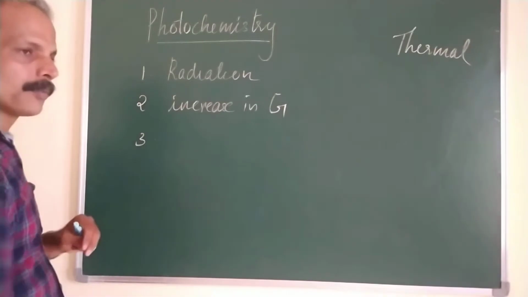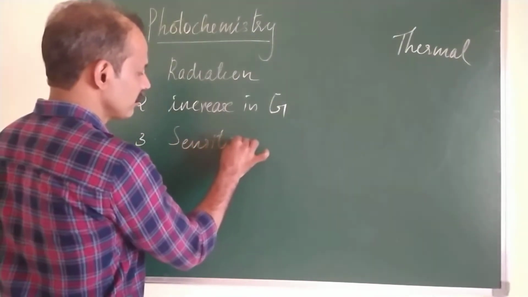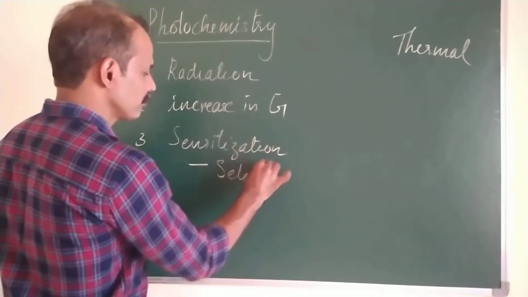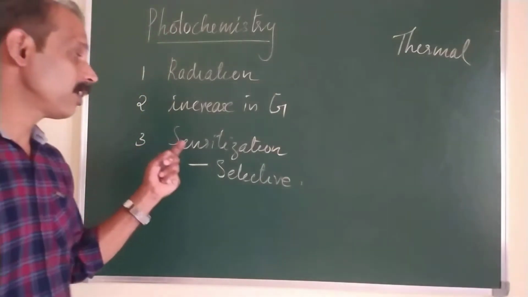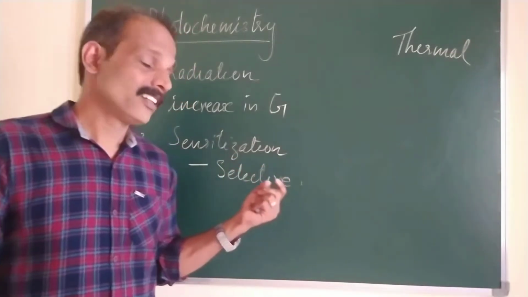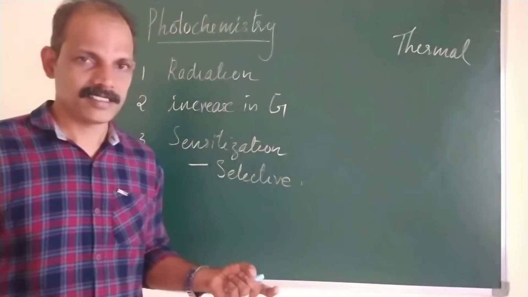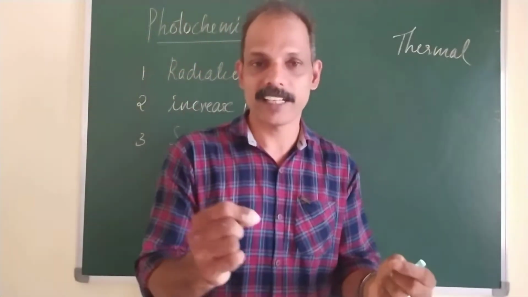The third one, sensitization. We will discuss it later. It is highly selective. That is, a particular sensitizer cannot bring about all reactions. A particular sensitizer can sensitize a particular reaction.